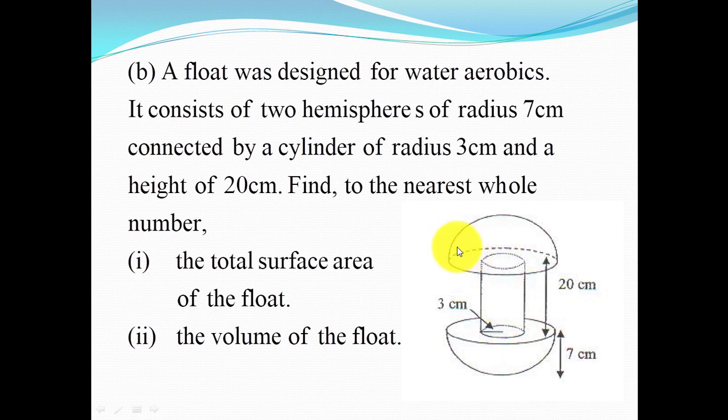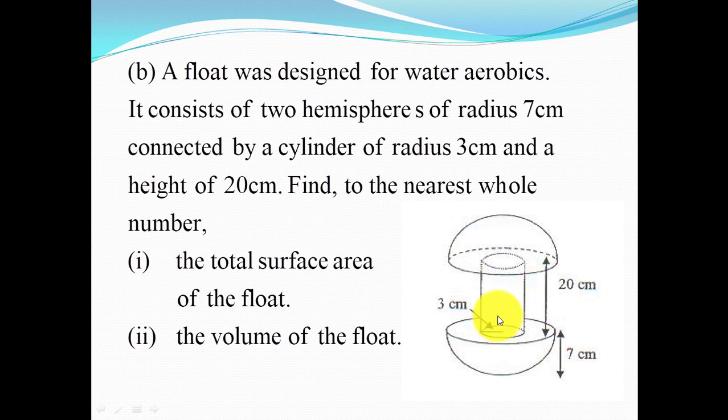We know that there is a hemisphere here and a hemisphere there. The combination of two hemispheres gives a complete sphere, and there is one cylinder of radius 3. So this figure contains two things: a complete sphere with radius 7, and a cylinder.